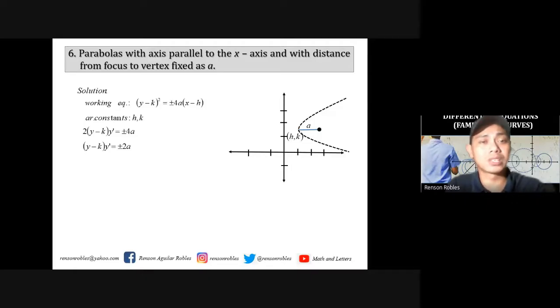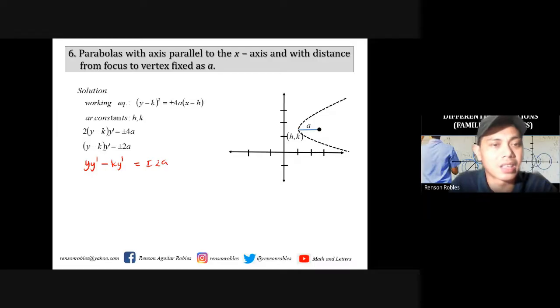Since we need to differentiate once more, because we have two arbitrary constants, you can isolate k, since a is constant, to make the differentiation a lot easier.